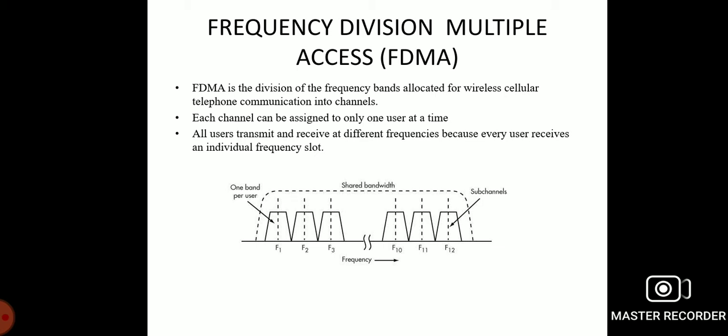FDMA channels can handle one phone circuit at a time, so the complexity is reduced, and it has narrow bandwidth. And if voice channels are assigned in FDMA, a mobile unit and also the base station start transmitting simultaneously.